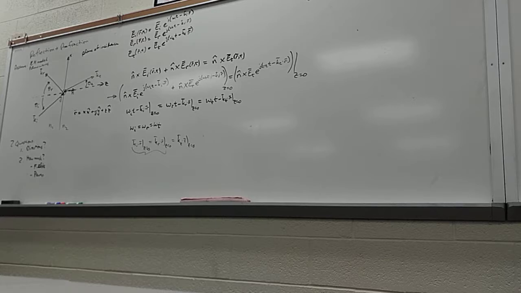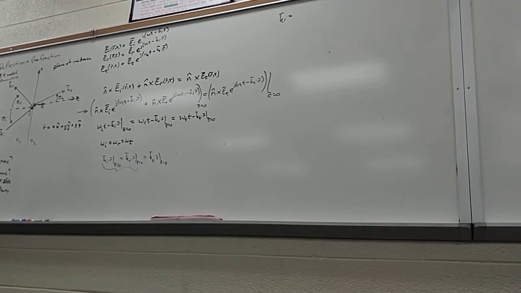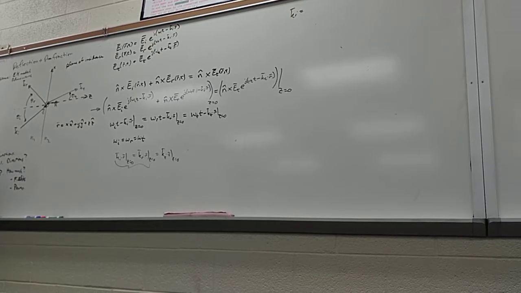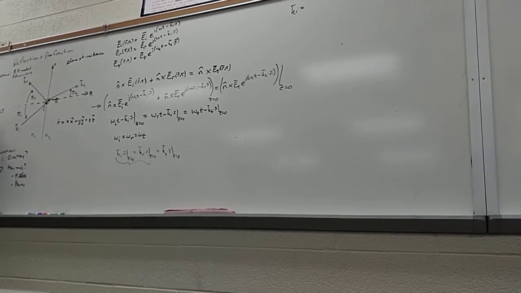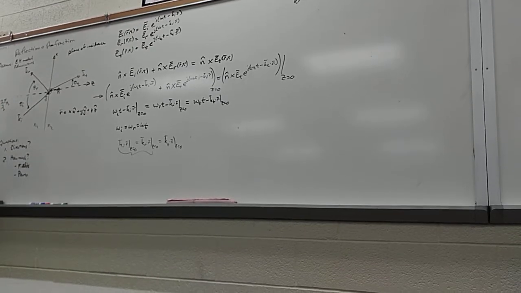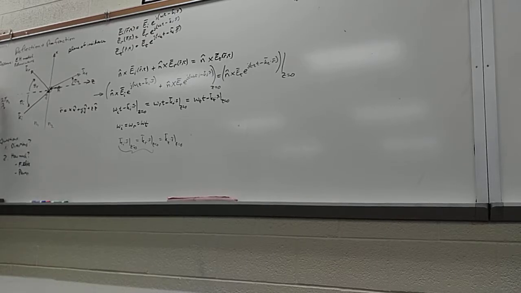Now, what's the magnitude of the wave vector? It's 2 pi over lambda. And let's say that's lambda naught in free space, then we multiply by n1, because lambda 1 is going to be lambda naught over n1. Wavelength in medium n1 is wavelength in free space divided by the refractive index.